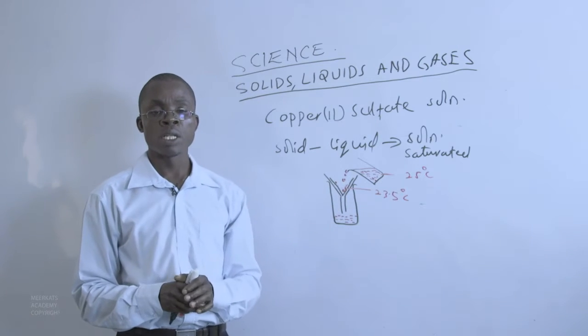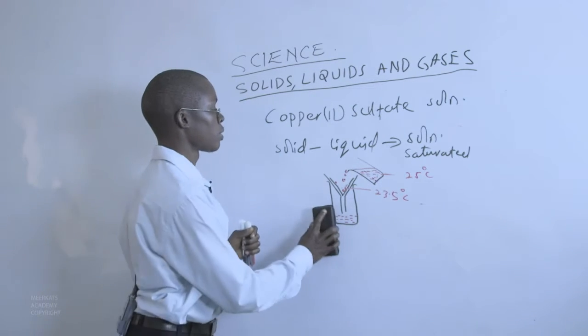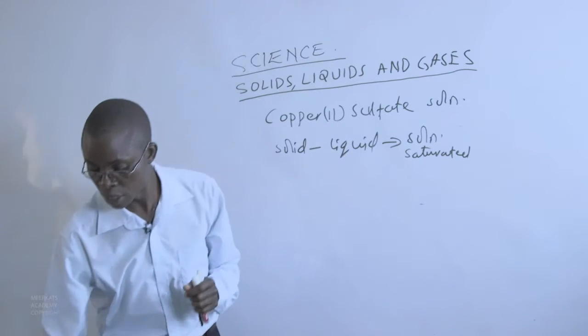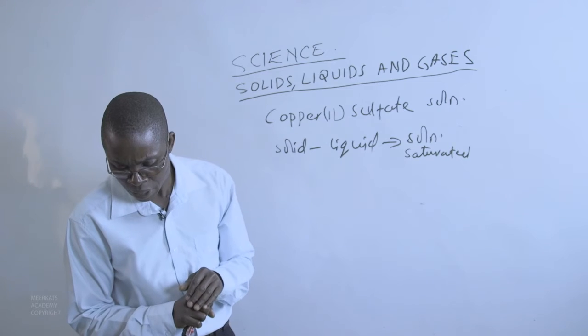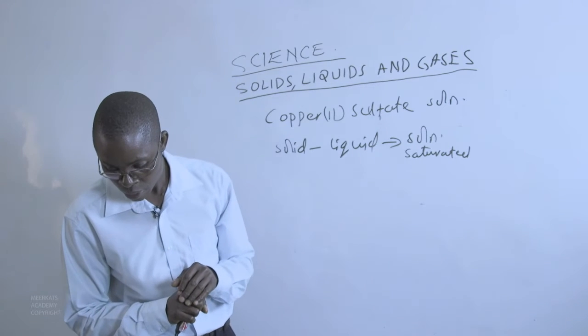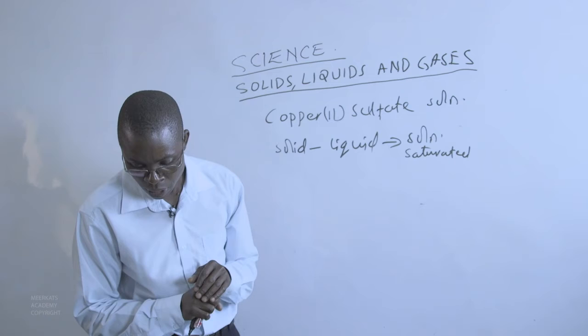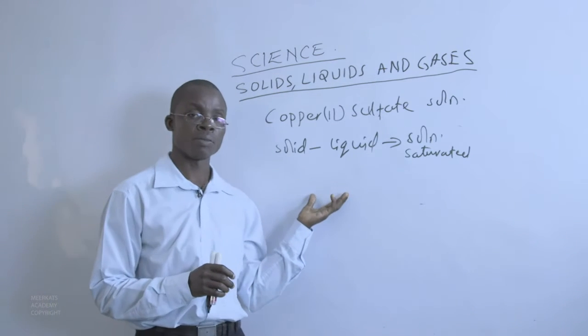Let's look at the second condition. The second condition here is when a saturated solution of copper 2 sulfate is heated, some more copper sulfate crystals can be dissolved in it. Now that's the opposite.